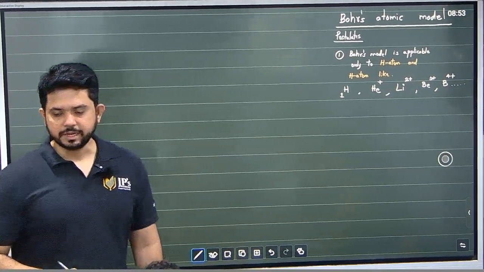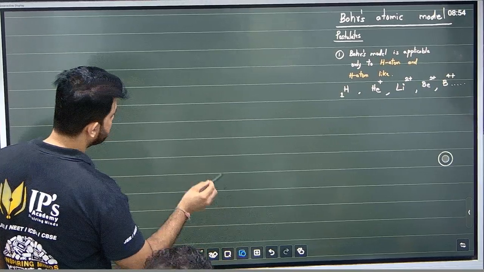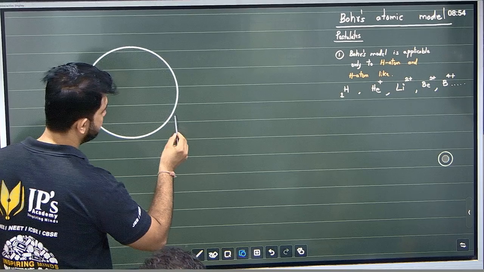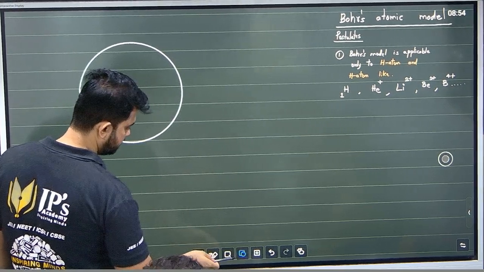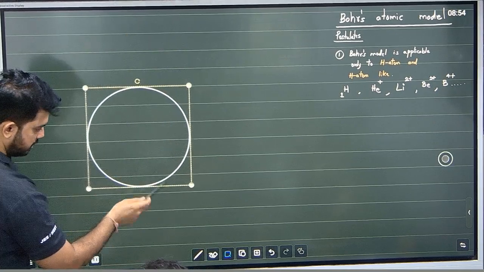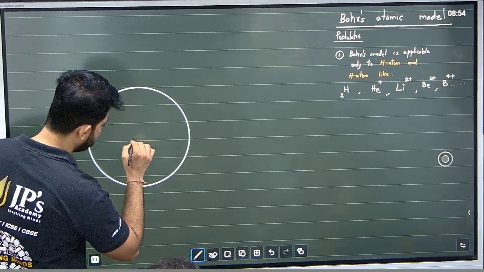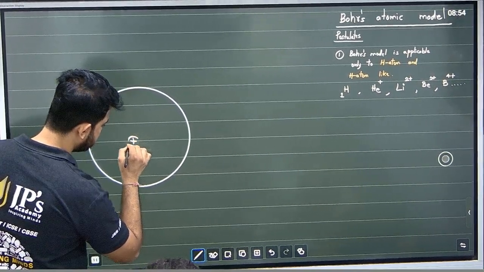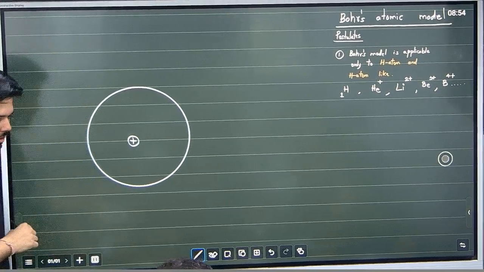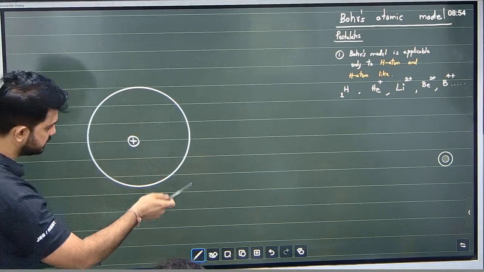Now the second postulate. Let's say this is the same hydrogen atom. What is present in the center of the atom? Nucleus. Charge on the nucleus, people? Positive. What is revolving around the nucleus in circular orbits?